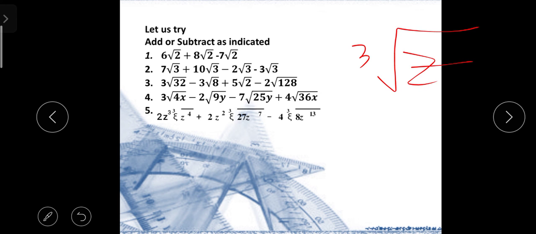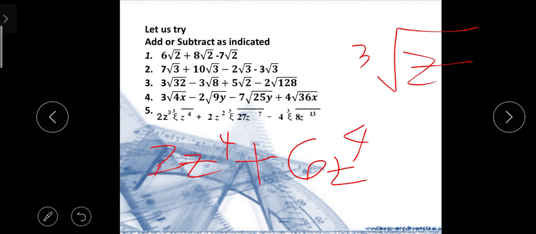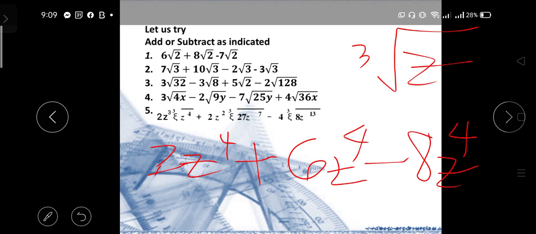So, pwede natin pagsama-samahin yung ating nakuha na 2z raised to the fourth power plus 6, ito ha, sa book kasi ay 9, 6z raised to the fourth power minus 8z raised to the fourth power and then cube root of z.